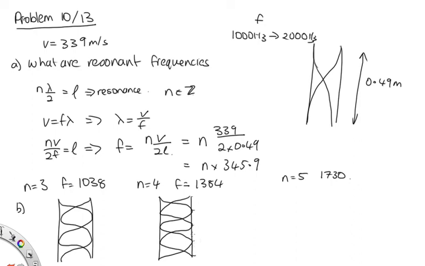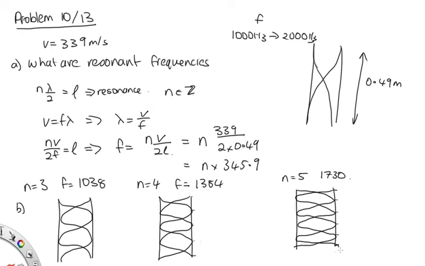So we've got 1, 2, 3, 4, and in this final one we've got 5 half wavelengths. So it looks like that. There's 1, 2, 3, 4, 5 half wavelengths there.